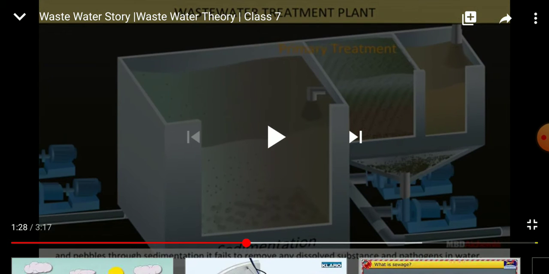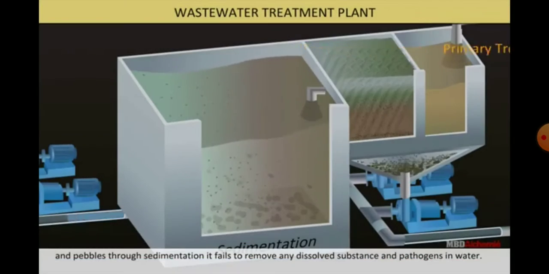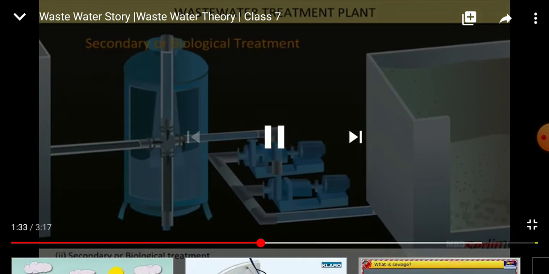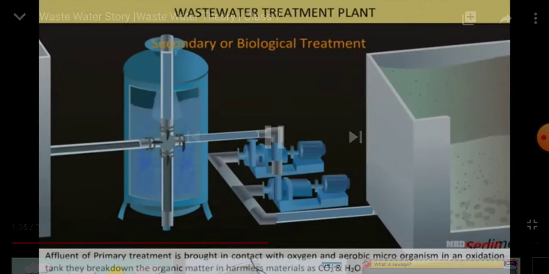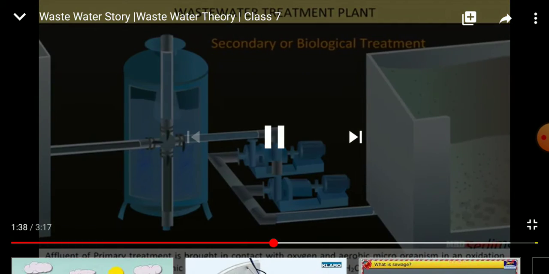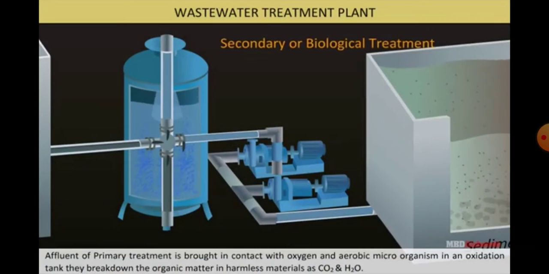The water that emerges from the sedimentation tank is called clarified water, as you can see in this animation. After this, we are discussing secondary treatment, also known as biological treatment. The treatment at this stage involves pumping of air into the clarified water in large aeration tanks.